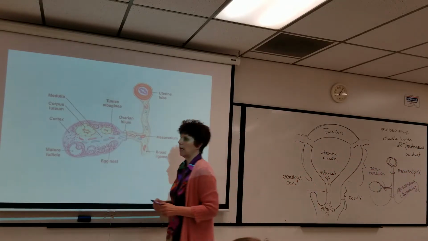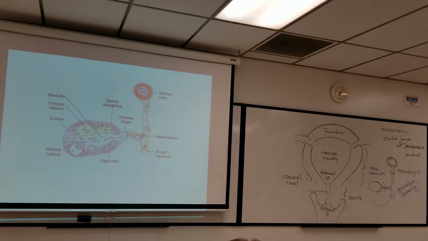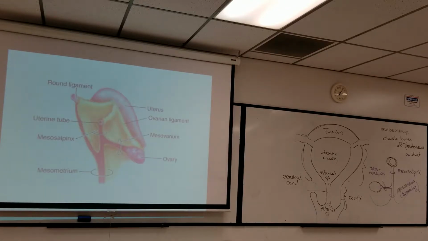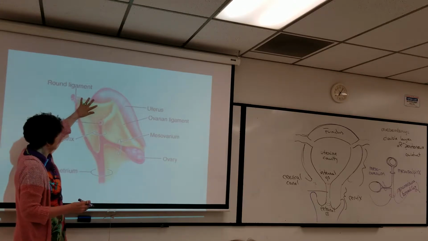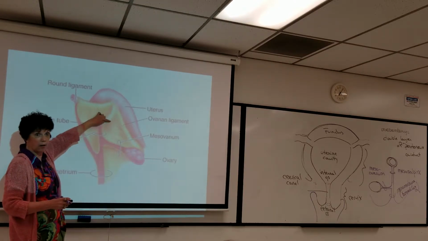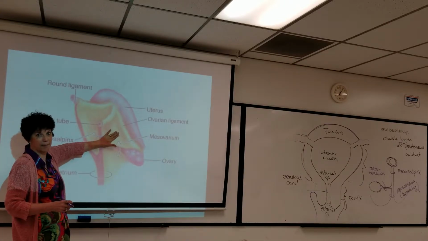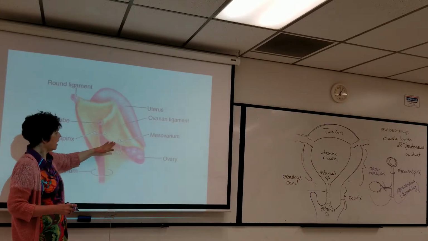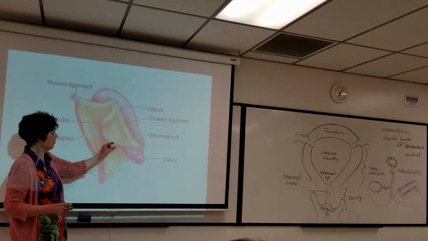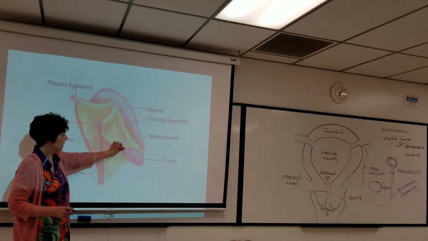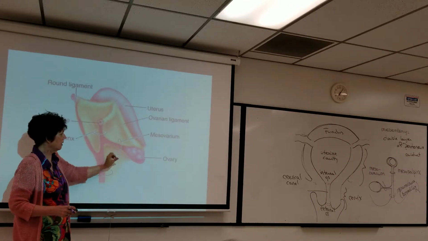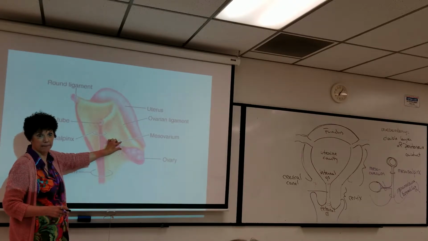So I'm going to show you another image, a little more three-dimensional in structure. So we'll ignore the round ligament. Here's our oviduct, this piece right here, mesosalpinx. It's only about a centimeter, half a centimeter wide, coming out, wrapping partially around the ovary is the mesoovarium.